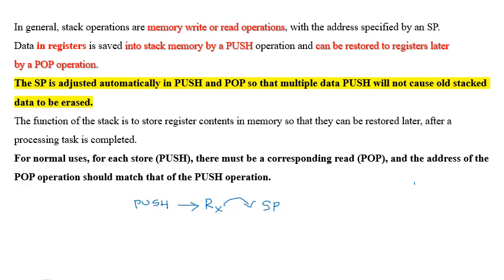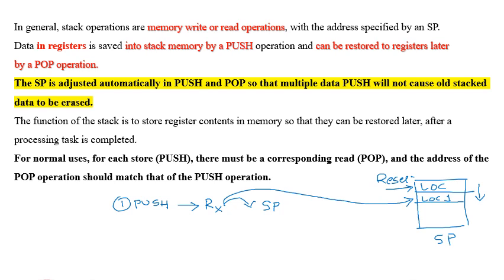Initially, the stack pointer at reset will be pointing to some location. Whenever you perform the first push operation, the SP will be incremented by a certain amount, so that location, let us call it location 1, is where the register value will be stored.